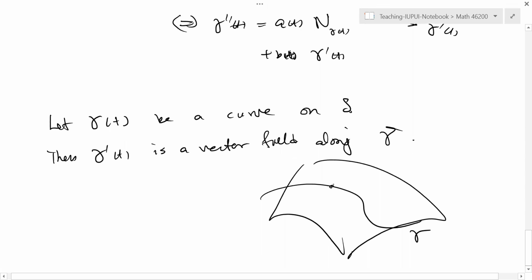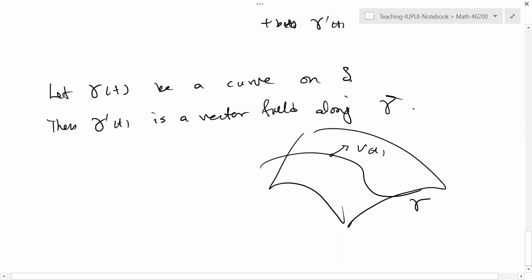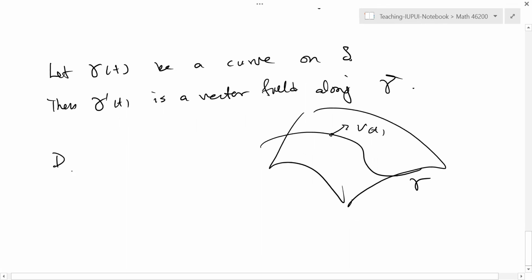And if you have a general vector field, how do we define its covariant derivative? The covariant derivative is defined to be, that's our notation. It's just a curve, okay? It's not necessarily unit speed.